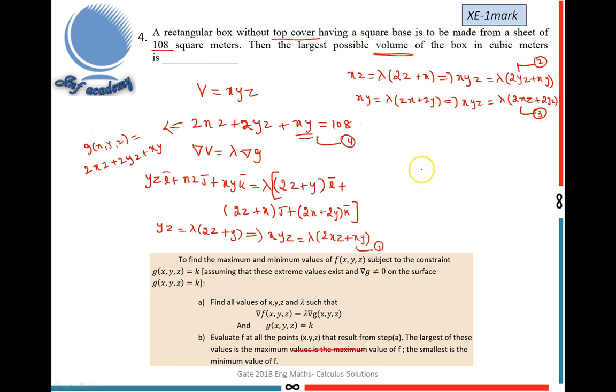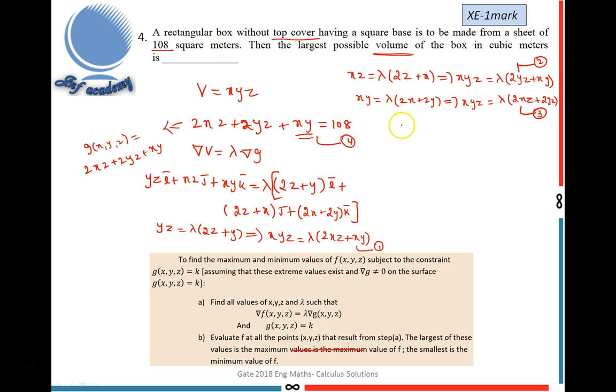Solving these four equations, finally I got the x, y, z values. Comparing 1 and 2, this is xyz and this is also xyz. So I got 2xz plus xy equal to 2yz plus xy. So lambda cancels, xy cancels, and z also cancels because z is not equal to 0.